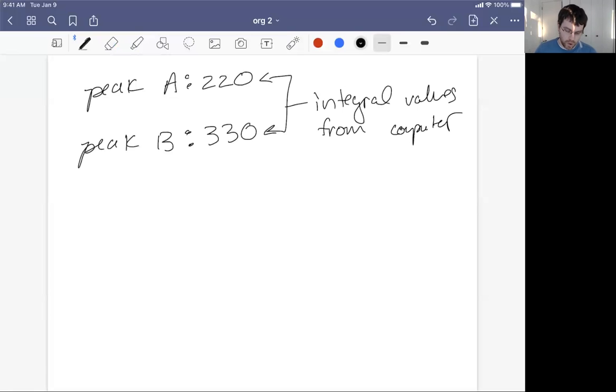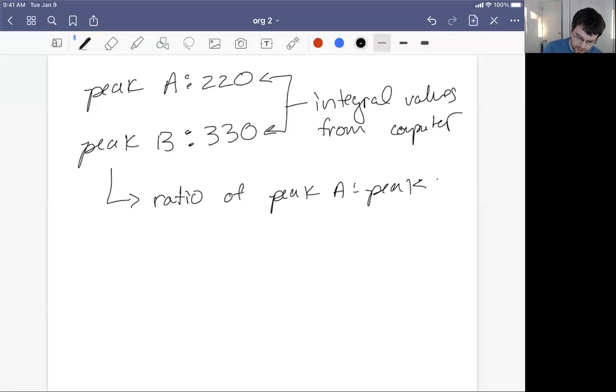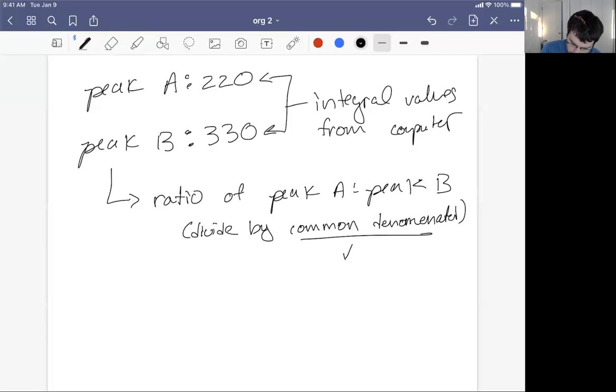Well, what you can do is some math to show the ratio of peak A to peak B, where you divide by a common denominator, which is 110.